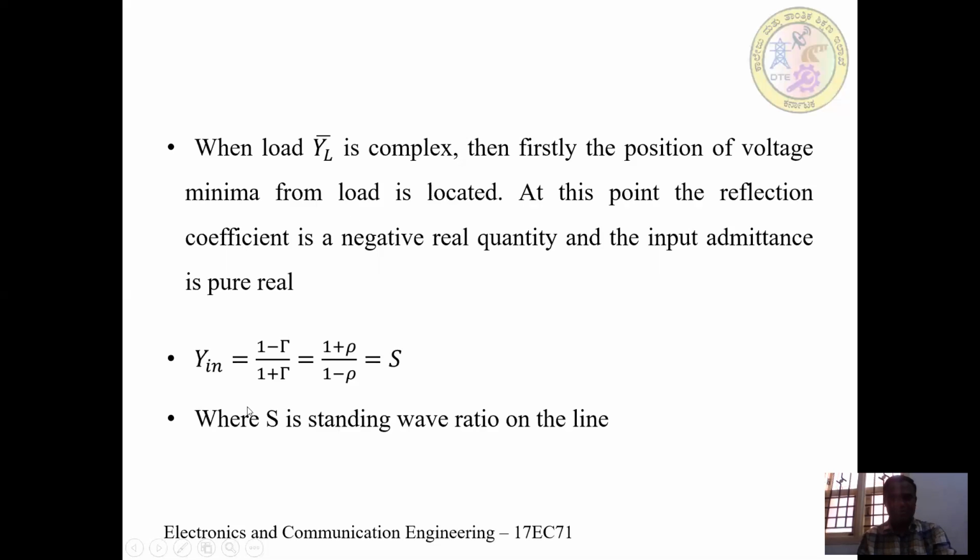You know that Yn is equal to (1 minus gamma) divided by (1 plus gamma), or this can be expressed in terms of rho also, (1 minus rho) divided by (1 plus rho). That parameter is nothing but S, the standing wave ratio of the line.